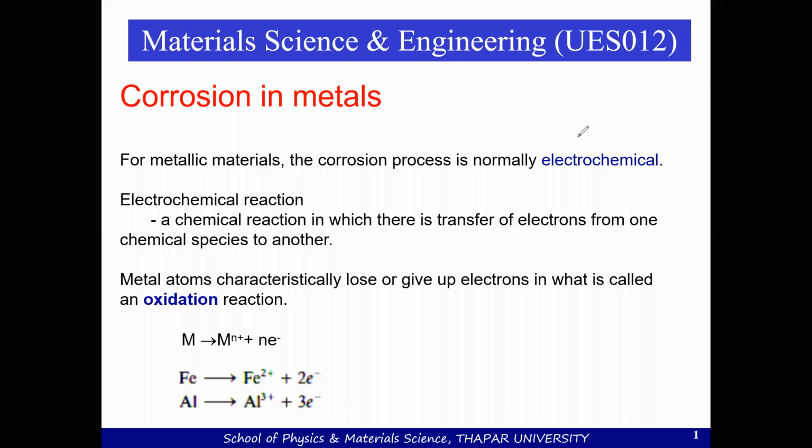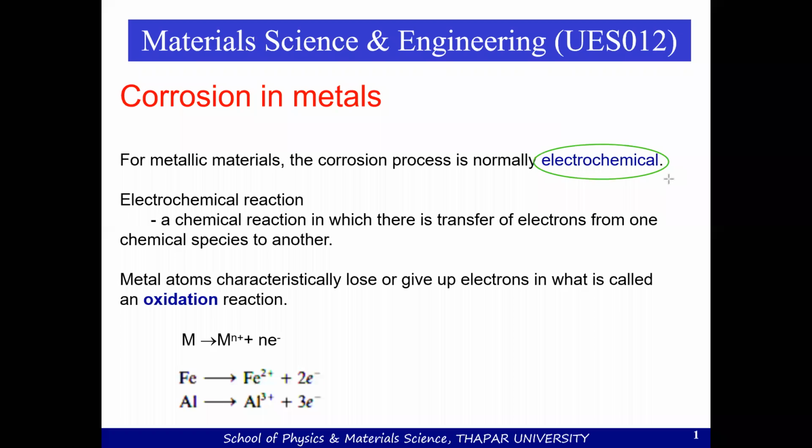These are reactions where exchange of electrons takes place. So corrosion in metals is basically the outcome of an unwanted electron transfer between the species of the solid. If you want to understand corrosion, what you need to understand is an electrochemical reaction.